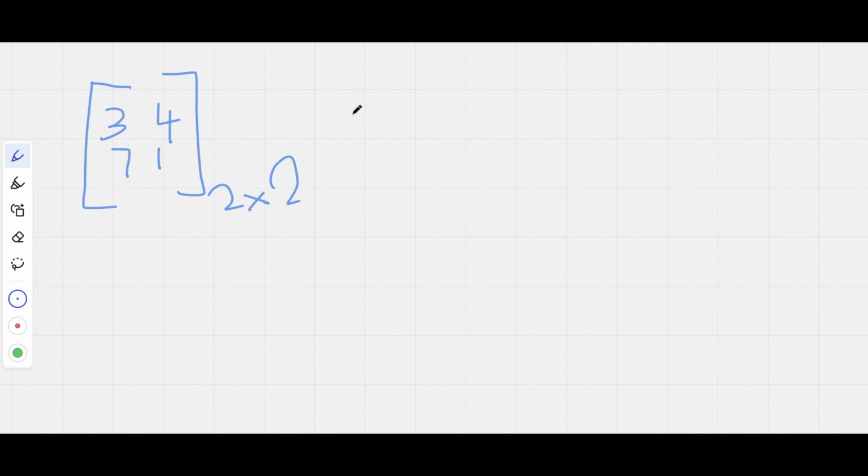So this is a row, and these vertical ones are called columns. These are called columns and these are called rows. So how to write the order of the matrix? A matrix is denoted by Aij.